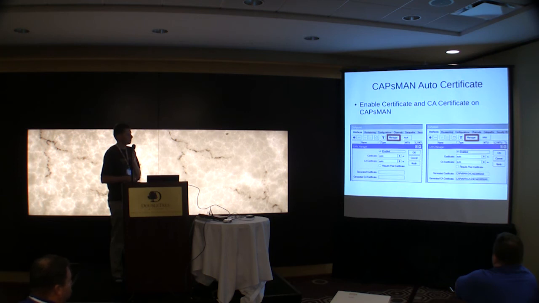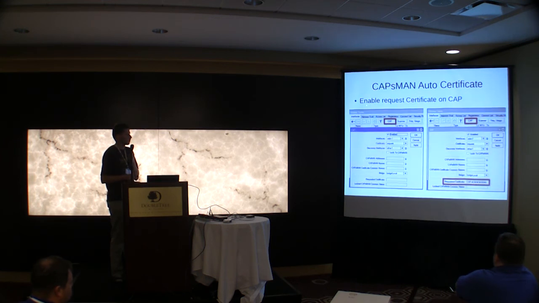You go to the CAPsMAN manager, click certificate and select certificate auto, click apply. After some time, it will generate those certificates. And on the CAP, you just go into CAP and in certificate specify request. After clicking apply, it will connect to this CAPsMAN and get all those certificates and now store them locally, like here.